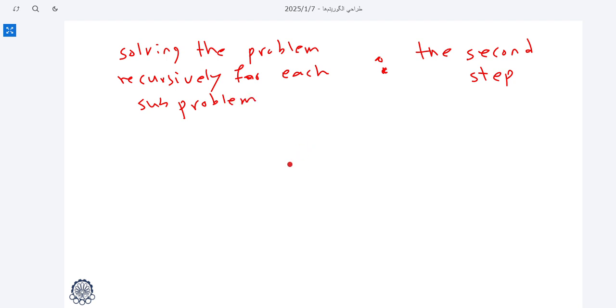This means that if we design an algorithm for this problem, in this step we should call that algorithm recursively to solve each subproblem.